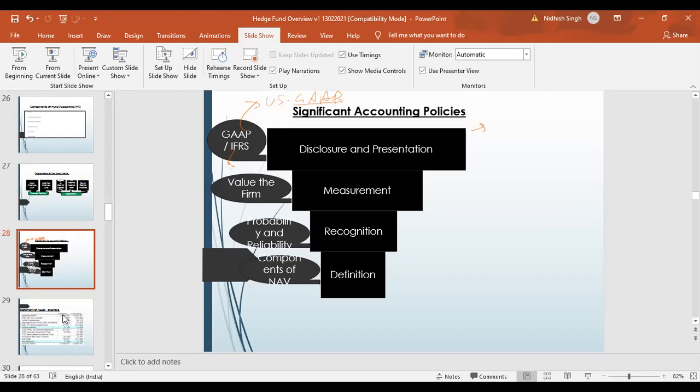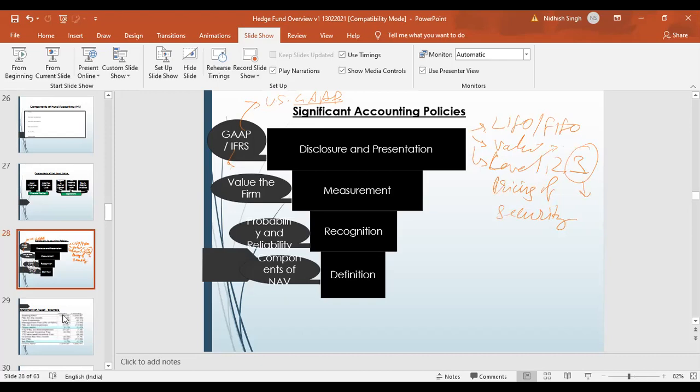Because these are the standards which decide whether one has to follow LIFO accounting or FIFO accounting, how the valuation needs to be done, what are levels 1, 2, and 3, basically, when it comes to the pricing of securities. It is an important component, and these are governed by the accounting standards. Level 3 is the most opaque, and level 1 is the most transparent level of price.